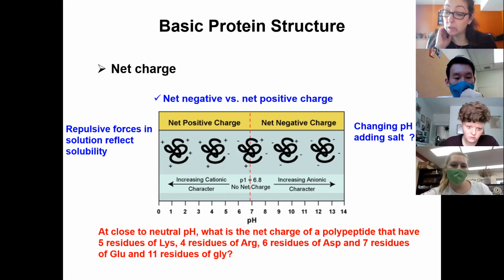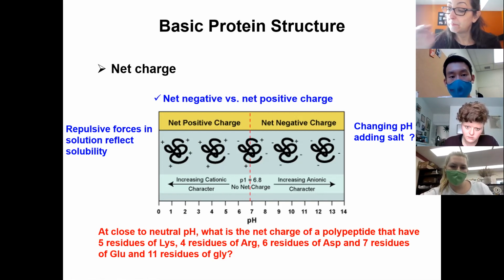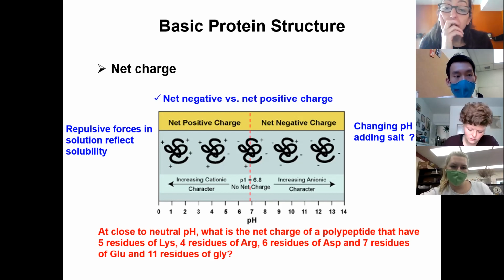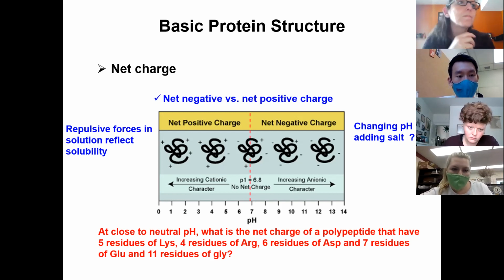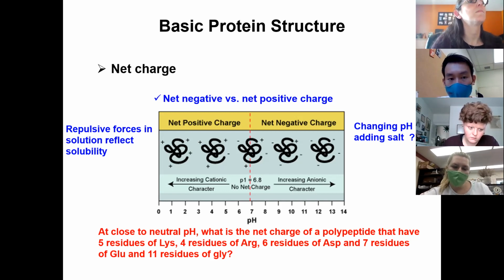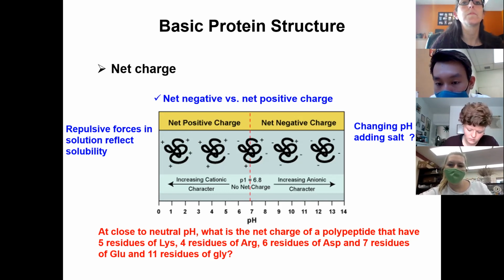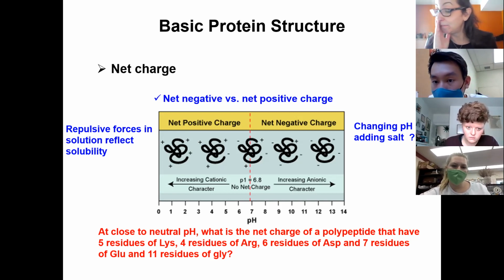So let's think about this question in red. Any results?